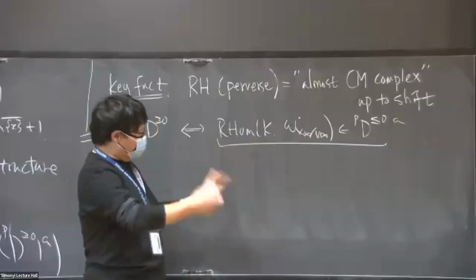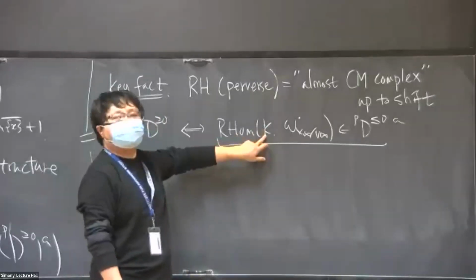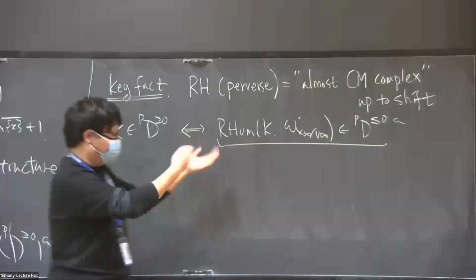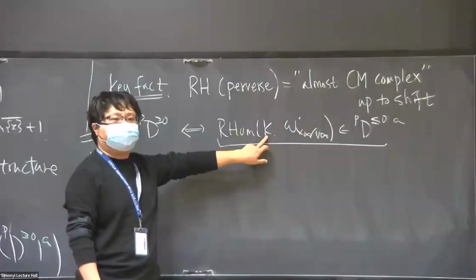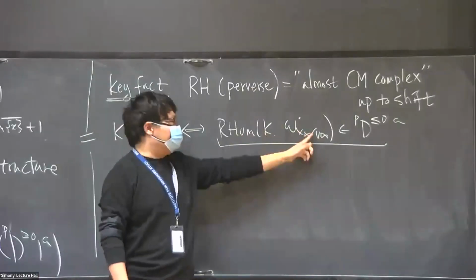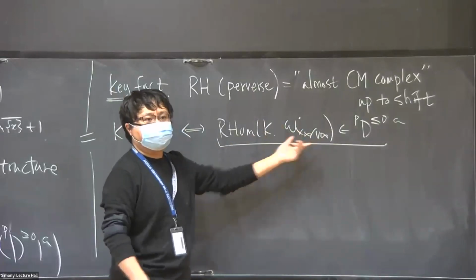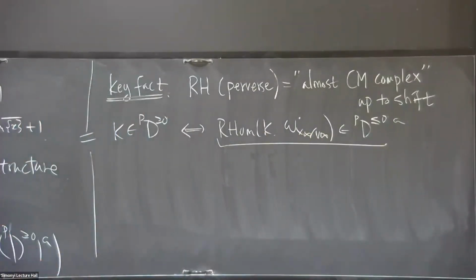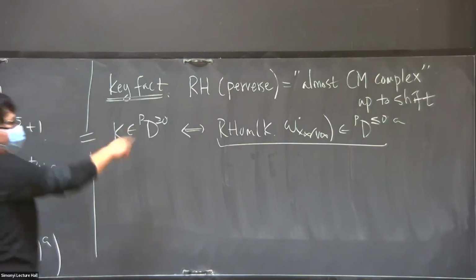What we imagine is, if this is really coherent for the moment, I'm just giving some intuition, then K is coming from some finite level, and on the finite level you're in the Noetherian case. Let's see what this dual is.